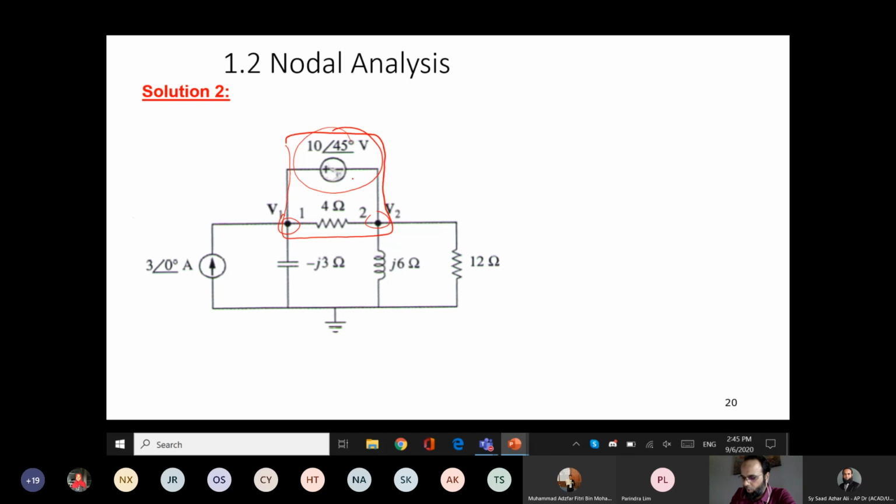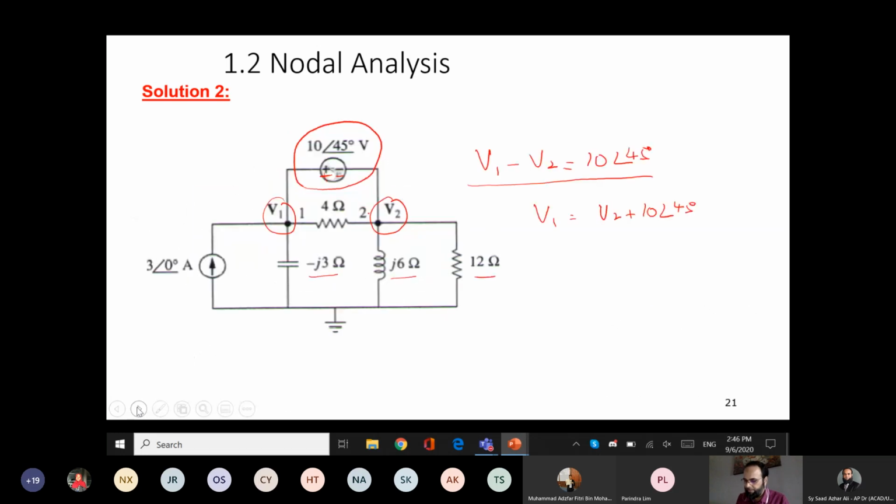We write the equation on the supernode, so this current and this one and this one and this one, we get the equation, and then one equation we get from the supernode itself, which is V1 minus V2 equal 10 angle 45, and we have two equations and two unknowns. We can proceed to solve the circuit.